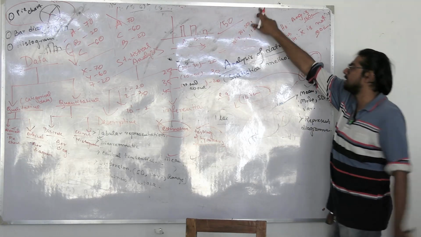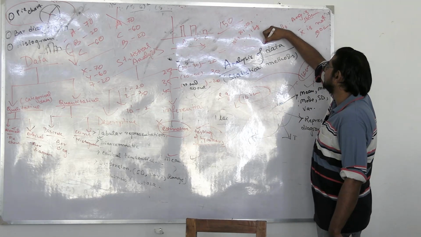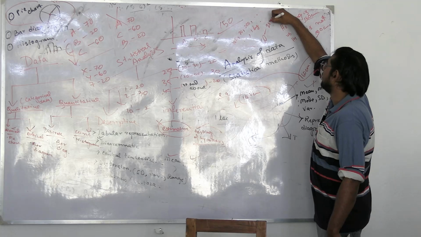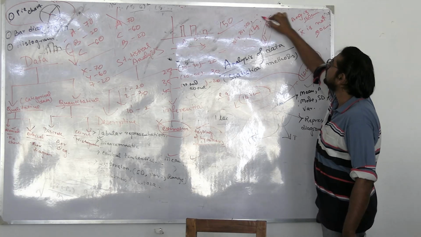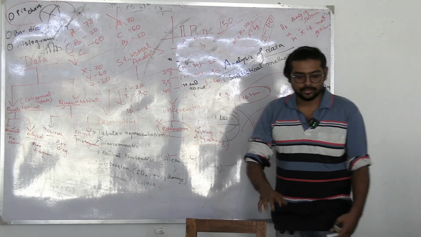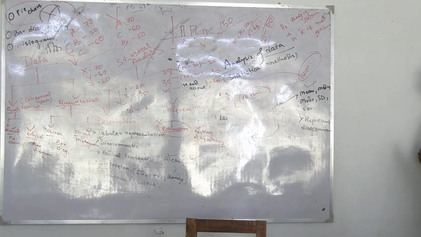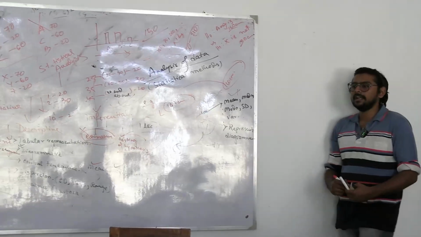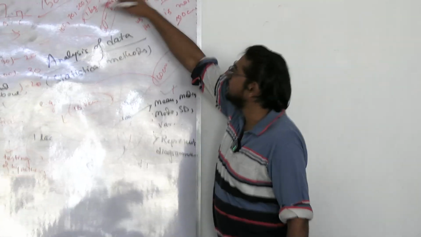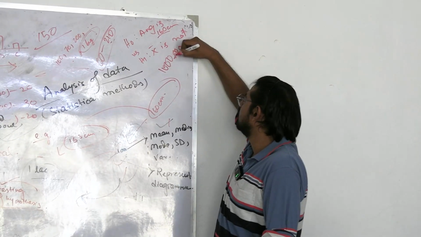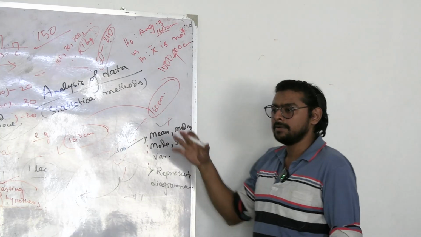Everyone else says something in the range of, say, 60 to 210. One single guy says 1 kilogram. Okay, the average will spike up. If we try to find the mean, this 1 kilogram is 1000 grams. If we add that, the average will spike up.